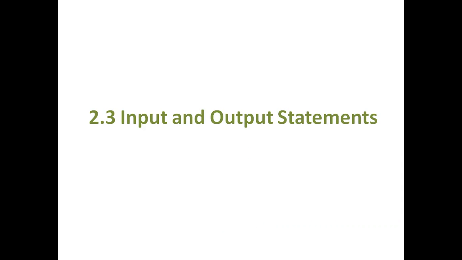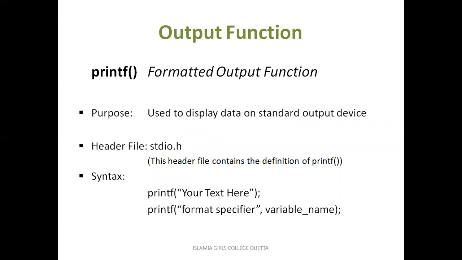In our previous lecture, lecture number 9, we have seen which functions are used for input and output statements in C language. First, we will revise it a little bit. So the output function which is used is printf, the formatted output function, and its purpose is to display the data on the standard output device.